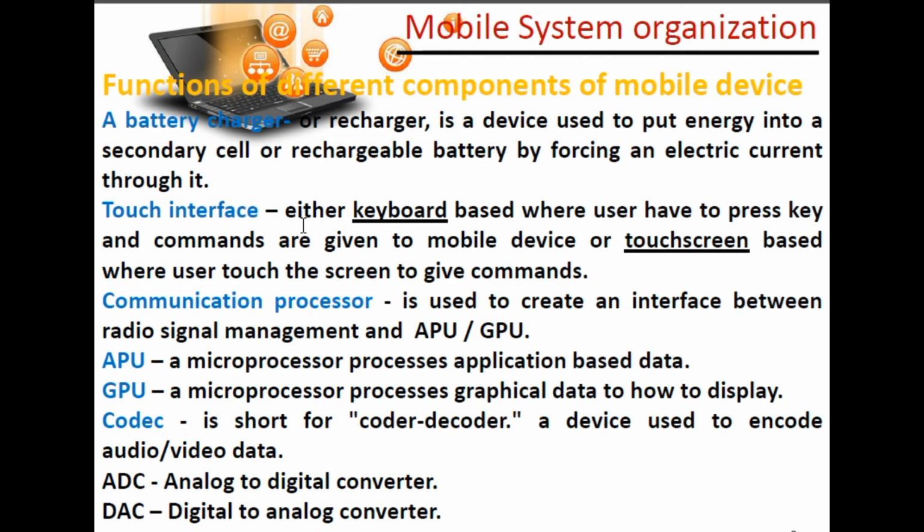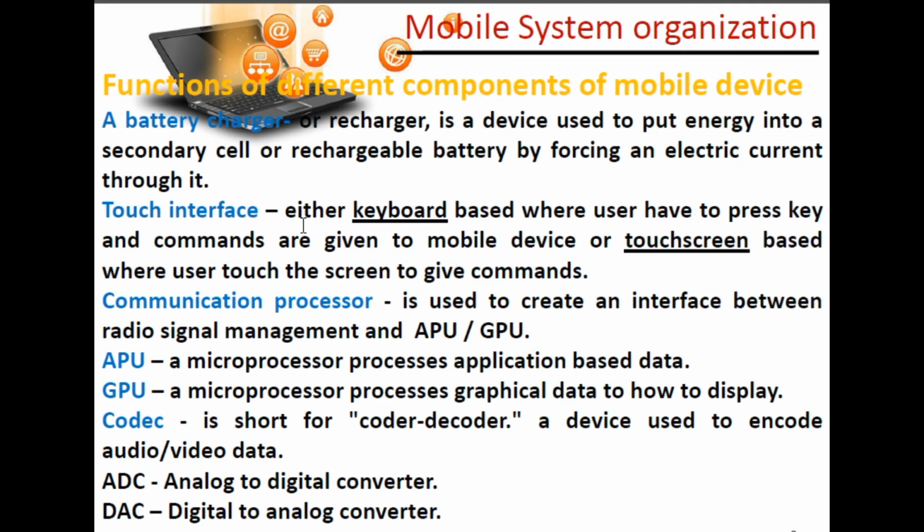So the communication processor is used to create the interface between the radio signal management and the APU and GPU, that is the application processing unit and graphical processing unit.